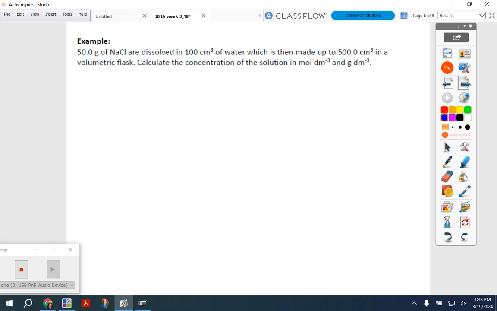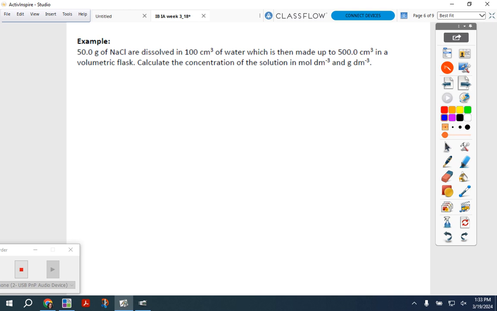I mean, it's going to look like it dissolves right into the water, but those particles are going to take up just a little bit of space in that solution. And so what you don't want to do is fill this up to 500 milliliters exactly with your water and then dump in your sodium chloride and mix it up, because then it will be not exactly 500 milliliters, or 500 cubic centimeters, I should say.